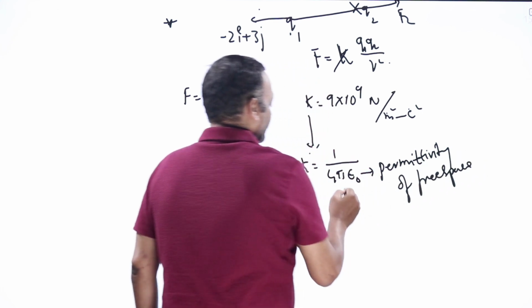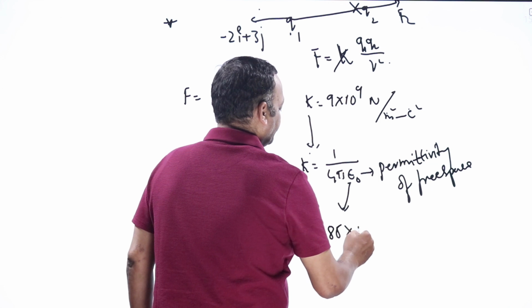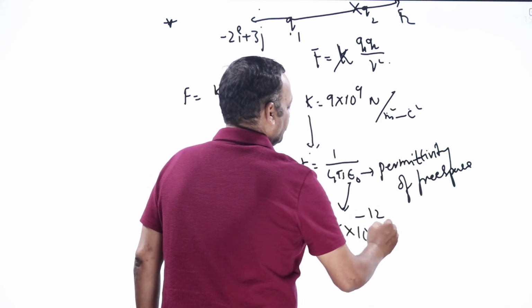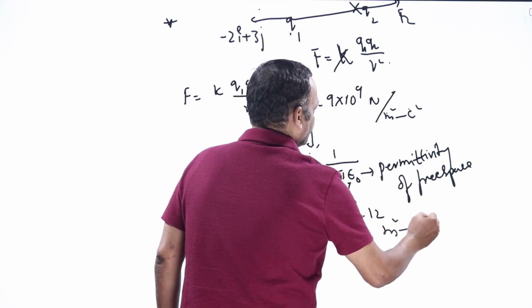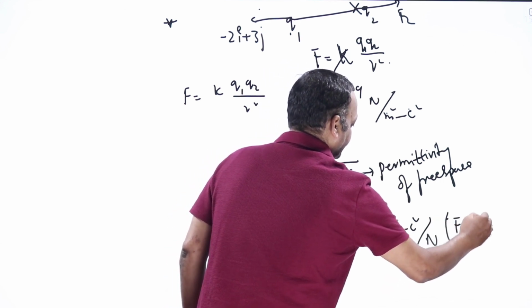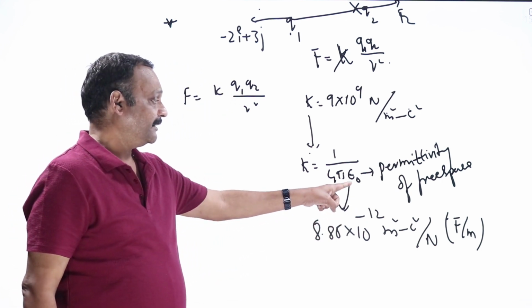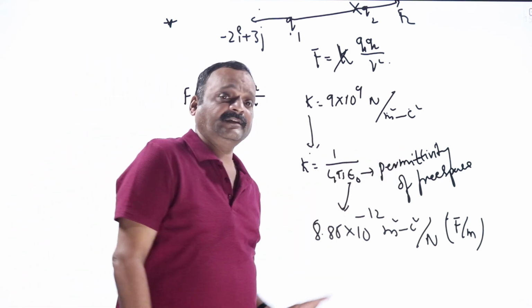The value of epsilon naught is 8.85 into 10 to the power minus 12 meter square Coulomb square per Newton, or simply Farad per meter. This is called the permittivity of free space.